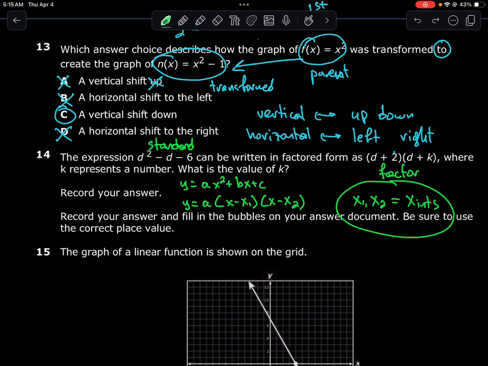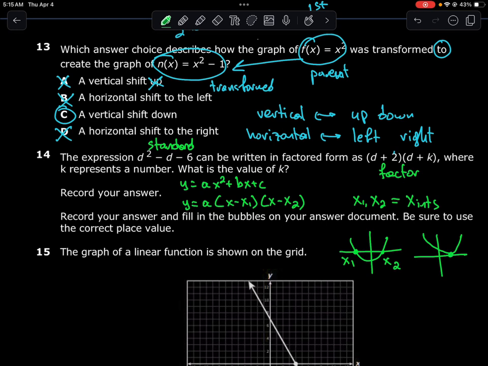So let's see how that's going to work in this case. Before I do that, though, I'm going to give you some pictures. When you have two different x-intercepts like x1 and x2, it's going to look like that. This one is going to be your x1 and this one is going to be your x2. When you have one x-intercept, it's going to just touch the x-axis here.